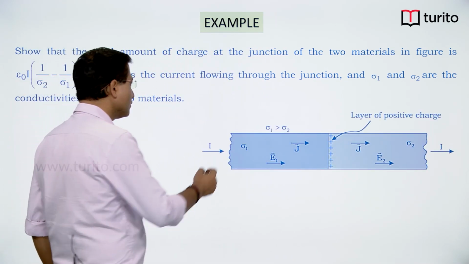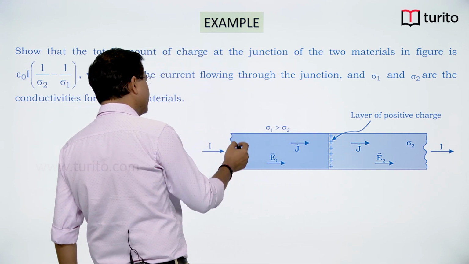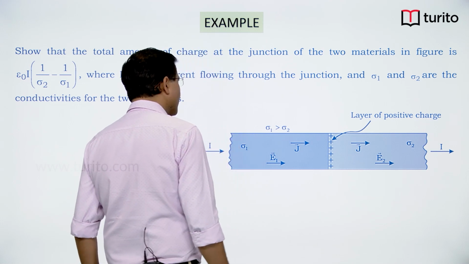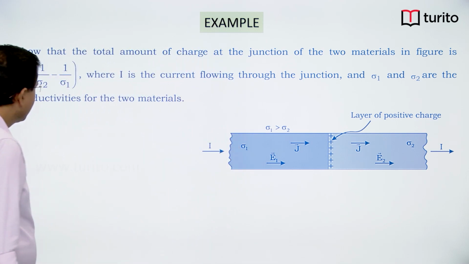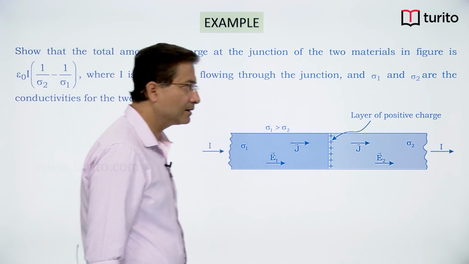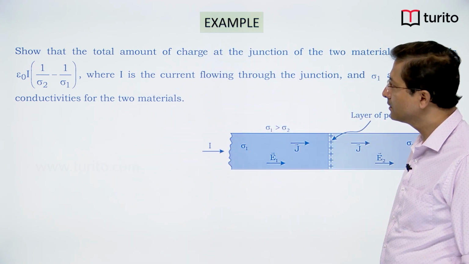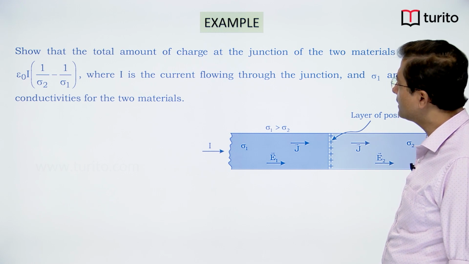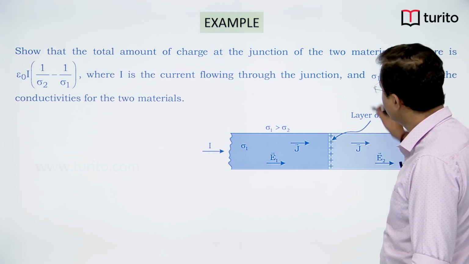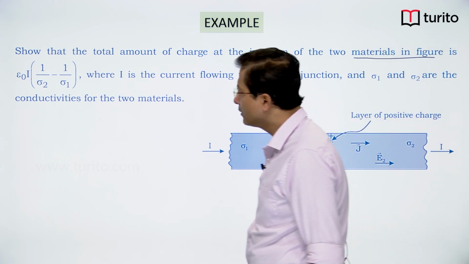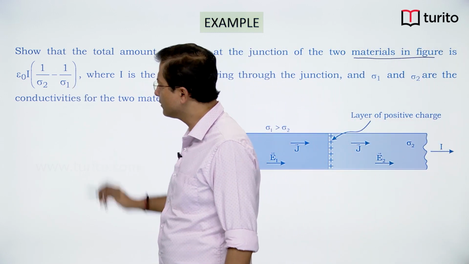This is one material of conductivity sigma 1, and this one has conductivity sigma 2. The question is: show that the total amount of charge at the junction of the two materials in the figure is epsilon naught I (1 upon sigma 2 minus 1 upon sigma 1).